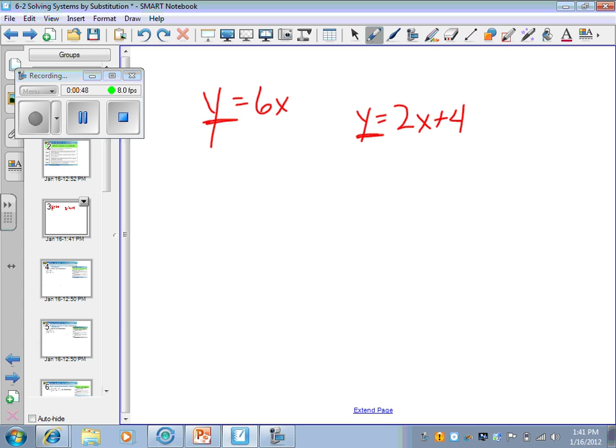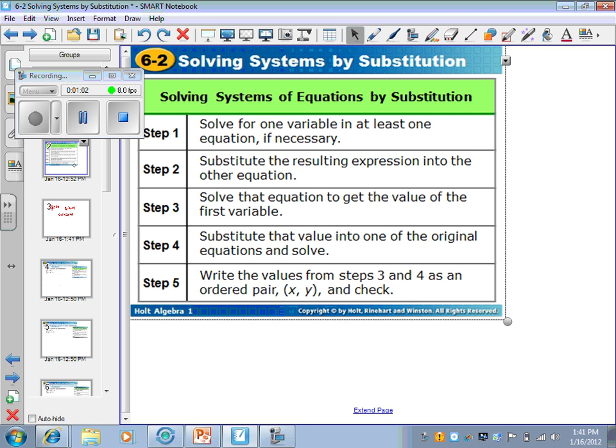So I could say 6x is equal to 2x plus 4. We should all remember that from when we solved for x 9,052 times when we were solving equations. Going back, let me make this big for you guys at home.